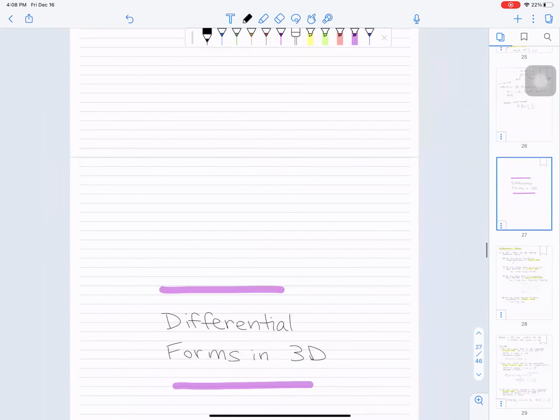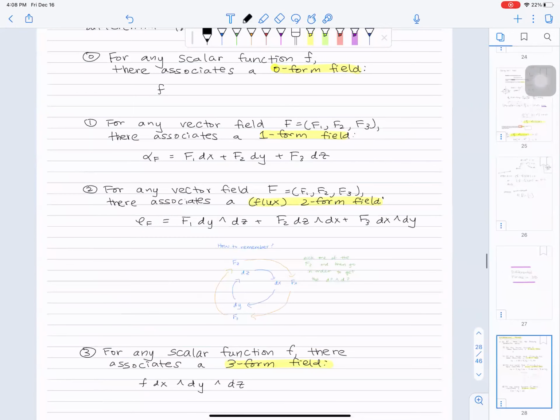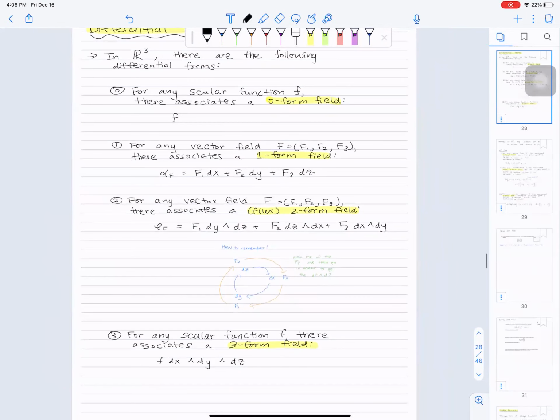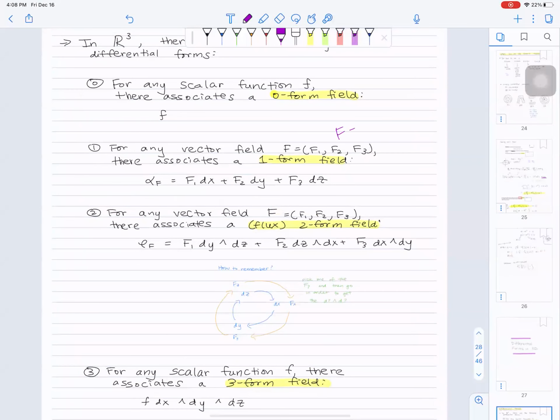Okay, so that was a nice problem. Then we have differential forms. So these are the forms language stuff. We have a zero form field. That means they just give you a regular scalar function, lowercase f. A one form field: say they give you a vector field, which is always written with the i, j, k notation.